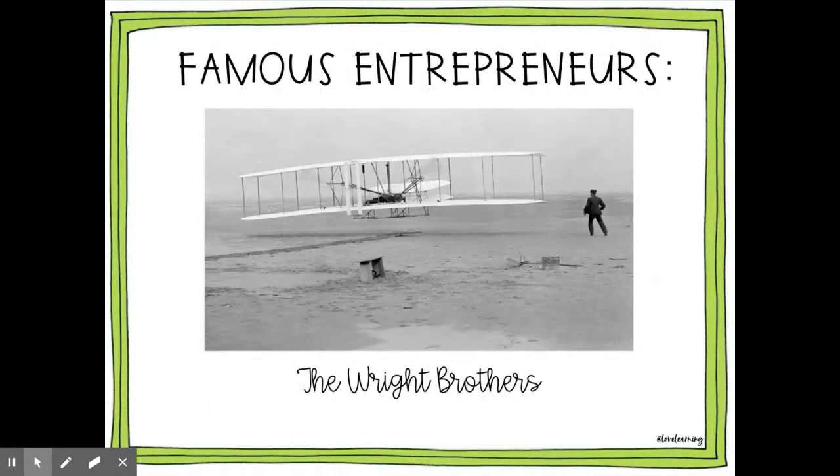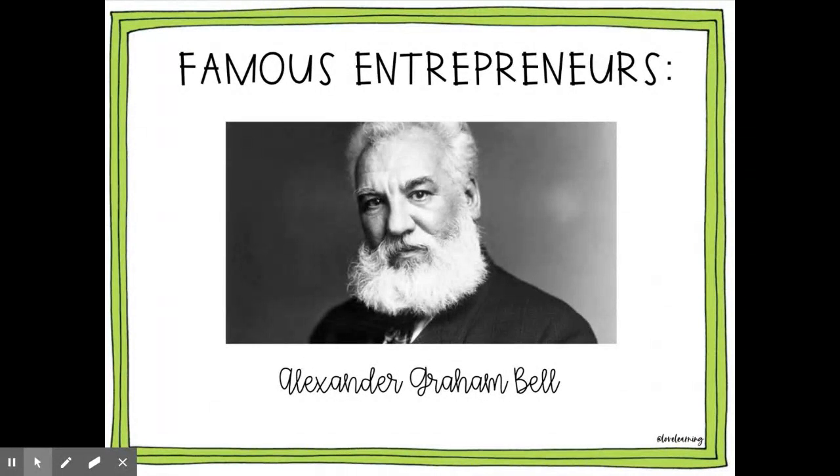They were entrepreneurs. You don't think that they decided to try flight just for the sake of science. No, it was for money. They were smart entrepreneurs. Alexander Graham Bell. Remember, he did that telephone not just for the sake of science. He sold the idea and made money.